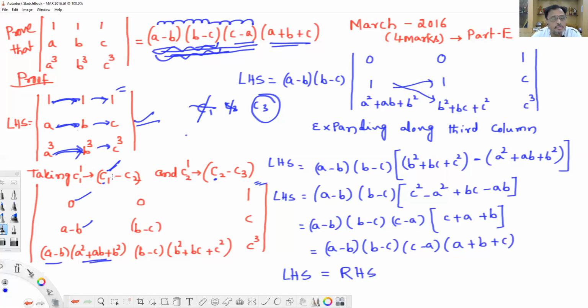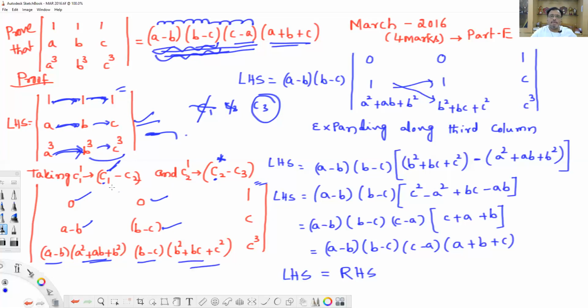Next, C2 minus C3, with the result entered in C2: 1 minus 1 is 0, then B minus C, and B cube minus C cube written as B minus C into B square plus BC plus C square.